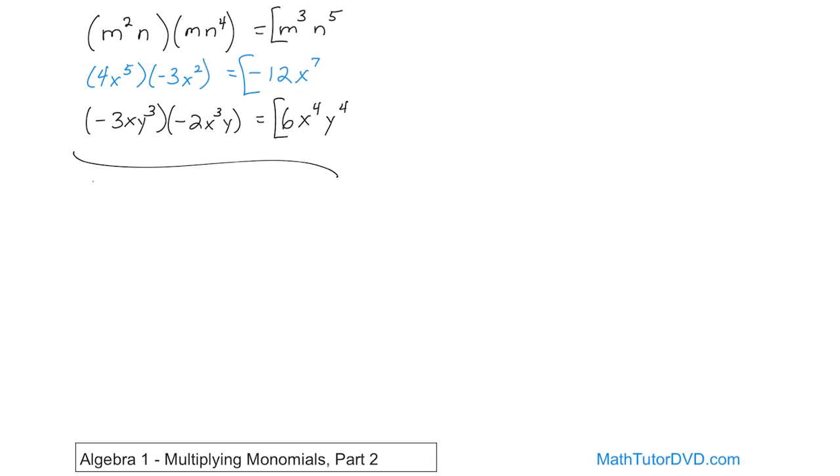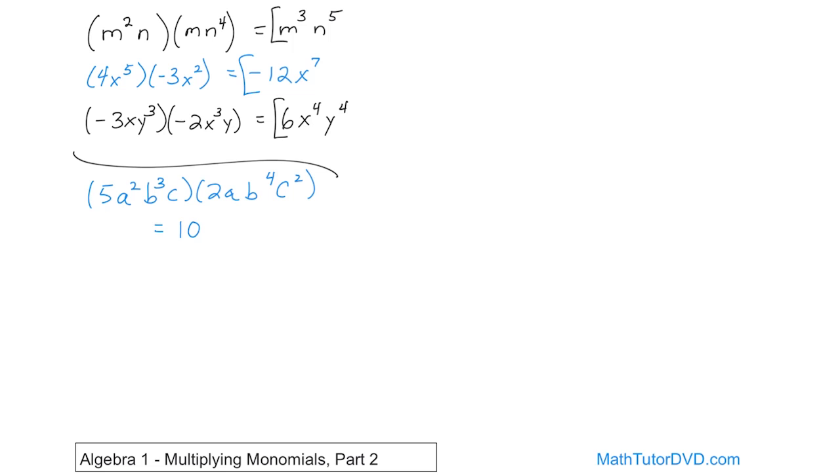What if you had 5a squared b cubed times c times 2 times a times b to the fourth power times c squared? How would you handle that? Same thing, you can multiply the numbers. 5 times 2 gives me 10.